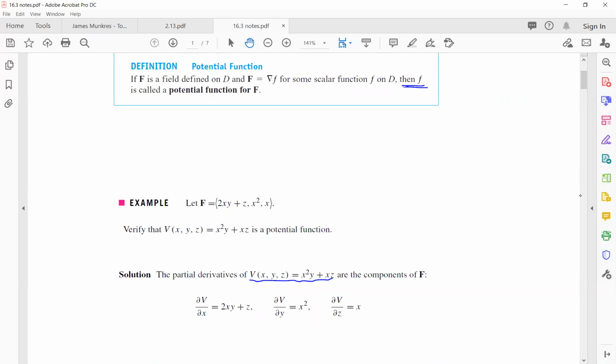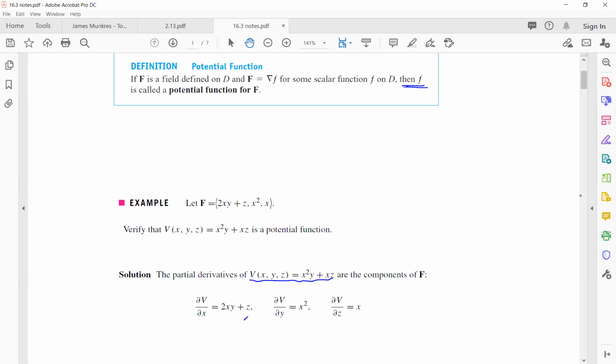Partial derivative of v with respect to x, okay. We are taking the derivative with respect to x. It means that the rest of the variables are just scalars or constants. So you have 2x times y. The operation in between is addition. The derivative of xz with respect to x is equal to z.